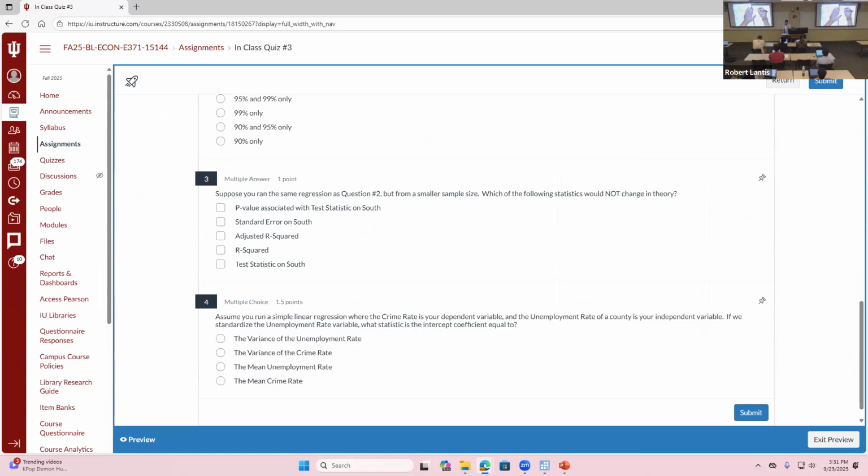standard error, we said this was equal to the sum of my errors divided by n-2. So I've got the sum of my errors, and we're only focusing on my sample size here. Then we think about my test statistic. We take that slope coefficient and divide it by the standard error, subtracting 0 technically.